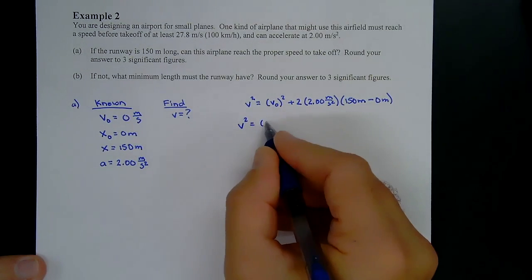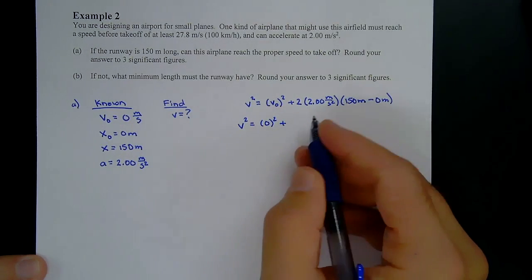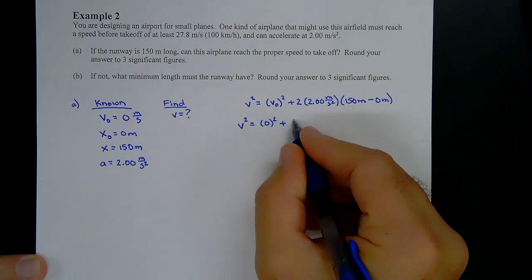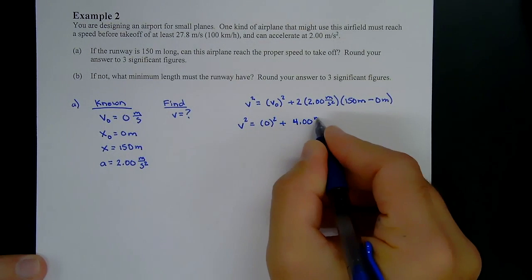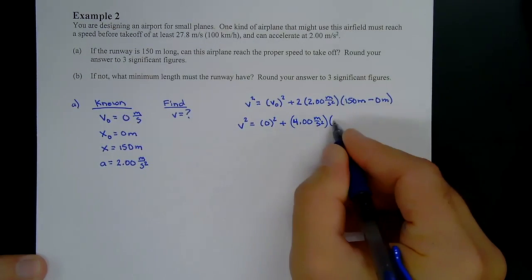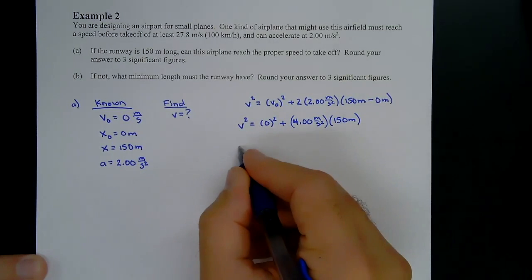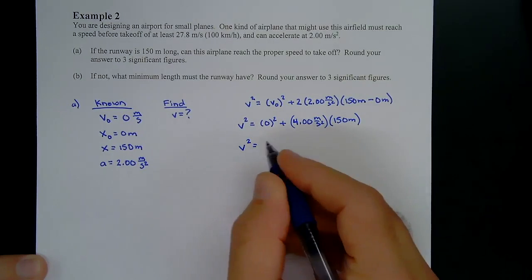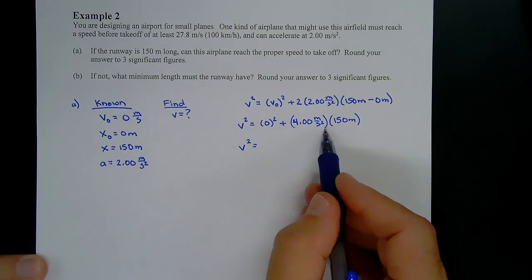V squared is 0 squared plus, and we can do some cleaning up here, this would be 4.00 meters per second squared times, and this cleans up to be 150 meters. And so v squared, well, 0 squared is 0. So this turns out to be 600 meters squared over second squared.